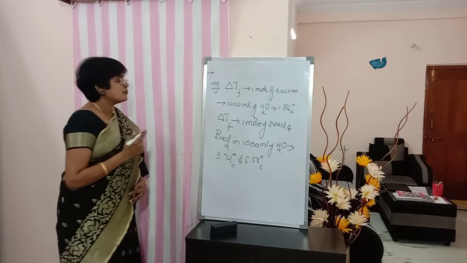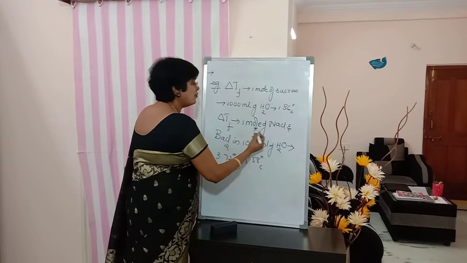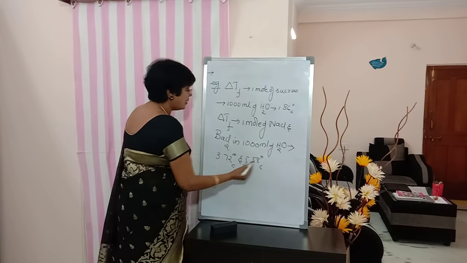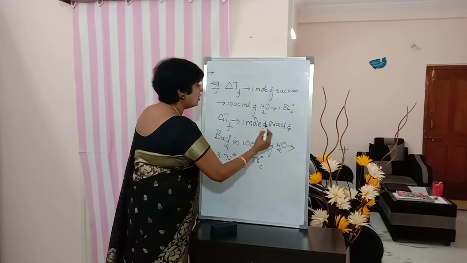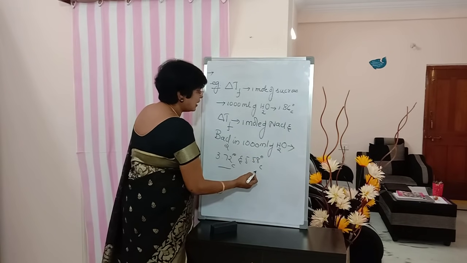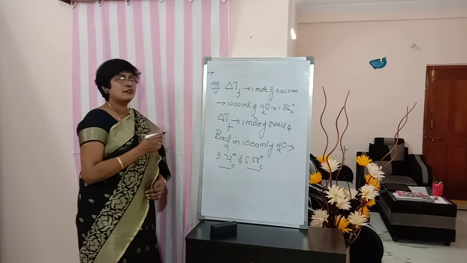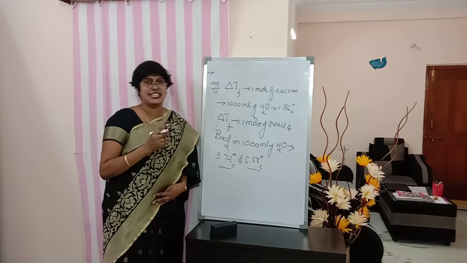What is it, students? Delta TF of 1 mole of NaCl in 1000 ml of water is 3.72. Delta TF of 1 mole of BaCl2 in 1000 ml of water is 5.58 degrees centigrade.